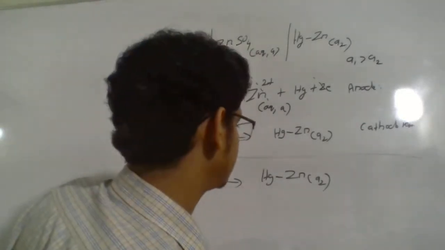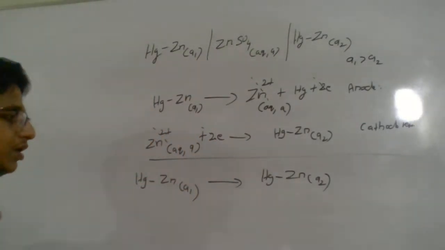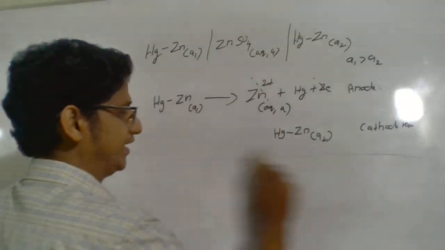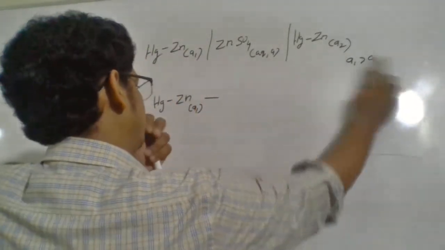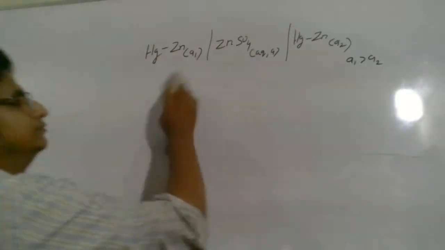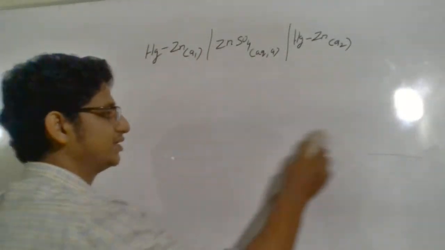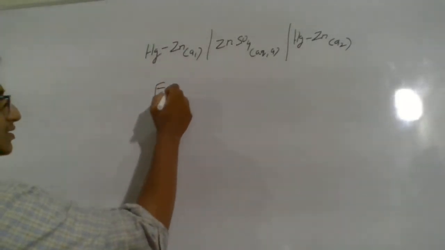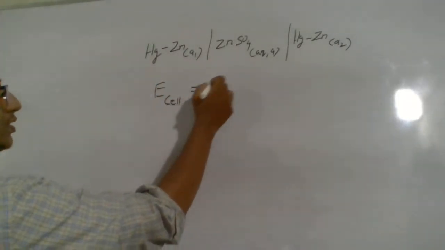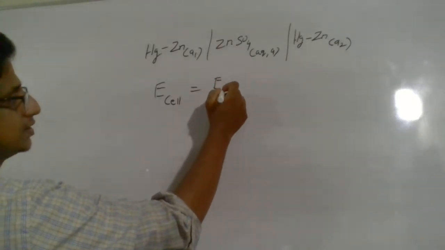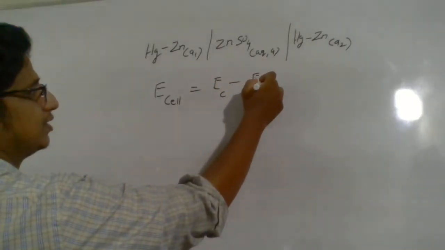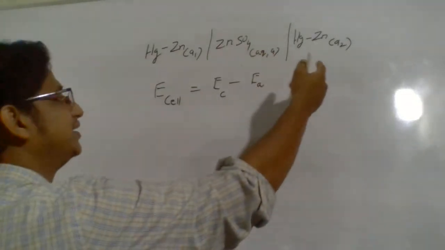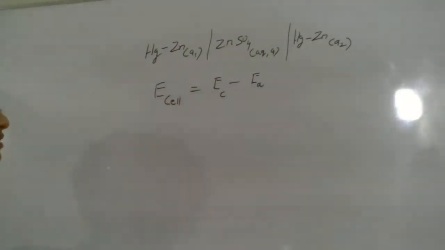Now let us derive an expression for the cell potential. E cell is equal to E cathode minus E anode. That's our normal equation, right? So here the cathode will be that and the anode will be this.